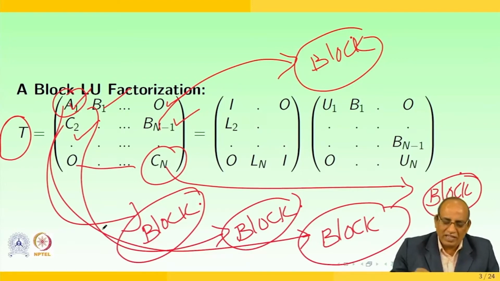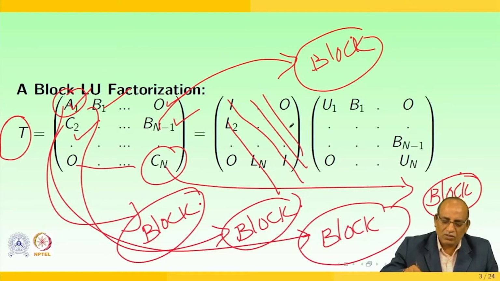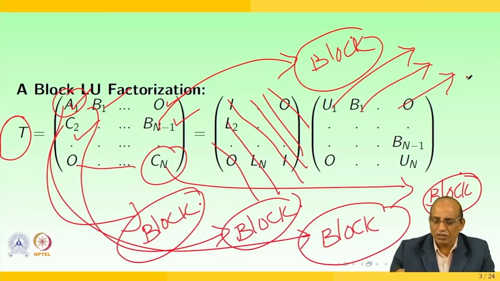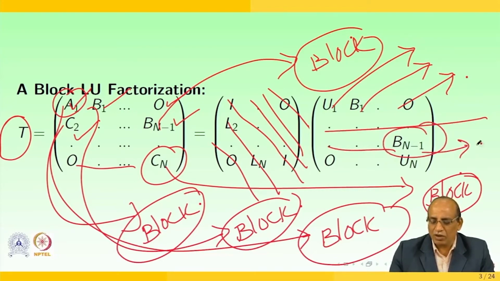I want to write this with the identity matrix I, and then L2, L3, Ln, and zeros elsewhere. Similarly, the matrix U has U1 as a block, B1 as a block, and zeros below. Similarly for the second row and the (n-1)th row. The last is Bn-1, that is a block, and the last row is 0, 0, and Un, another block.